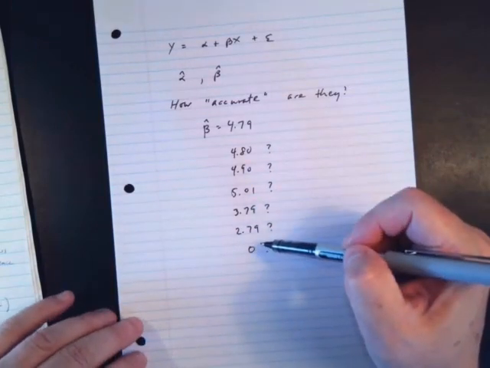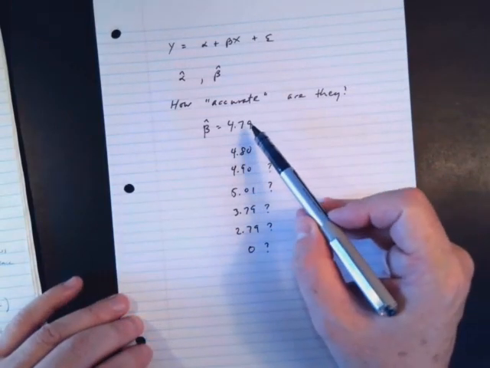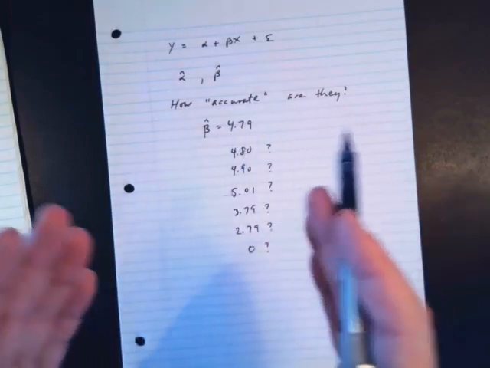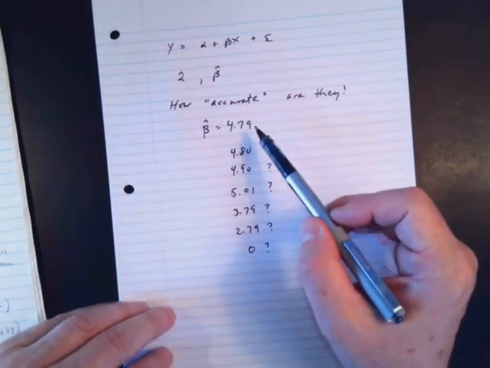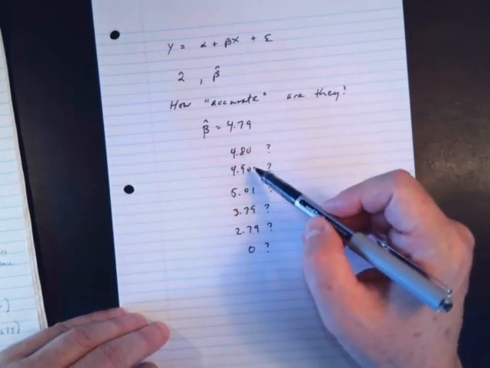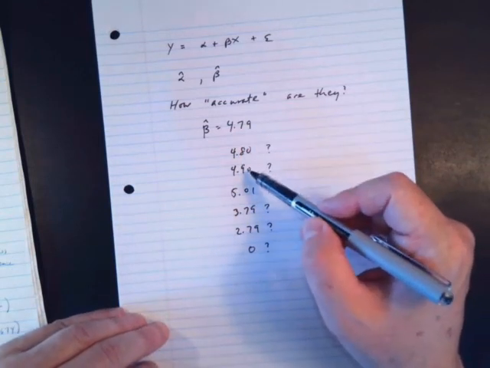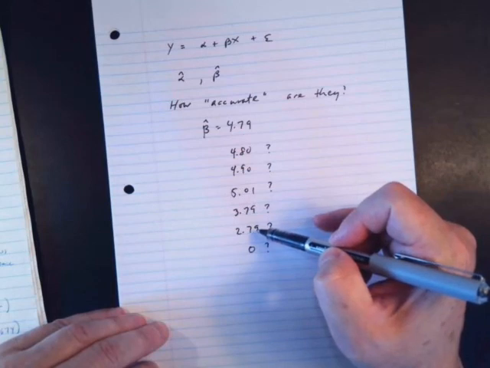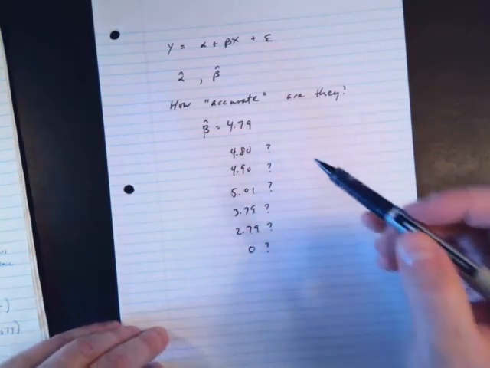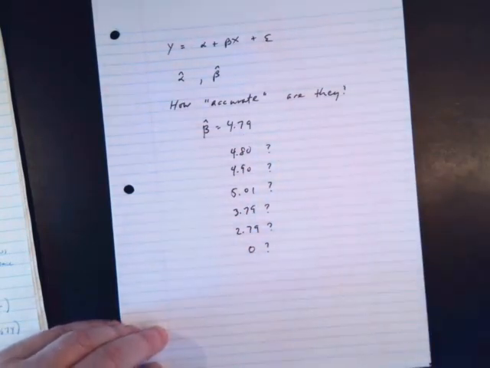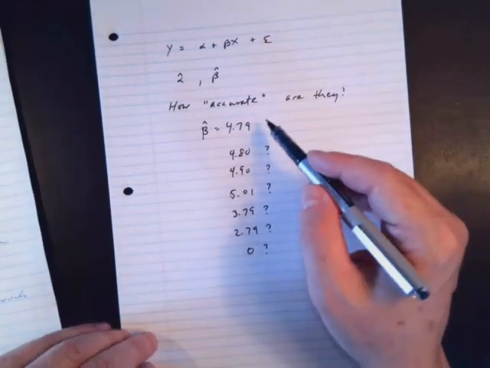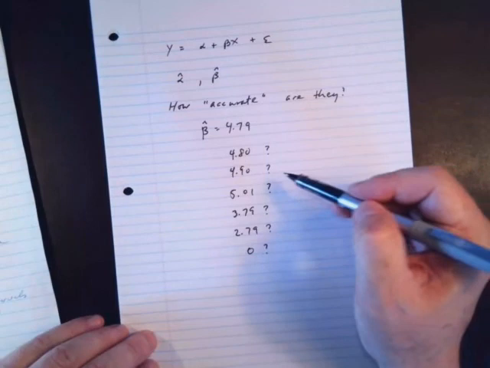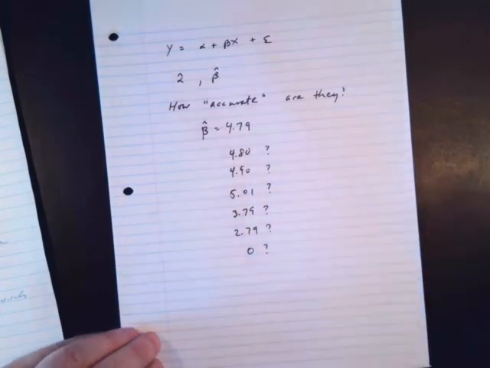And if it is not zero, how big an uncertainty band should we put around here? Could we say, well, it might be 4.9, but we can certainly rule out 2.79. Okay, so that is the issue of estimating the confidence interval around our beta hat estimate, and that is what we're going to take up in the next lecture.